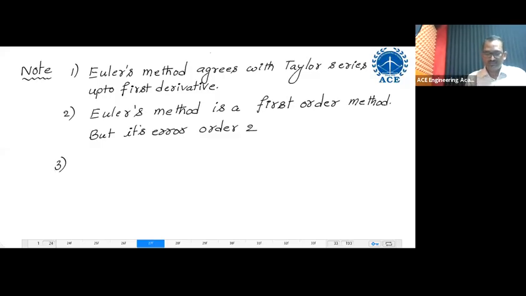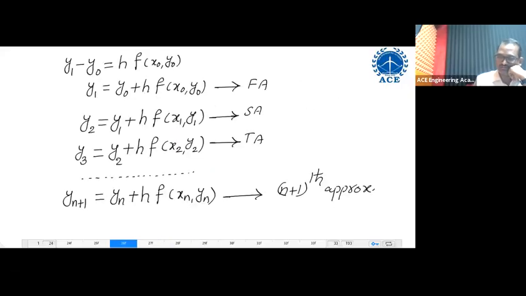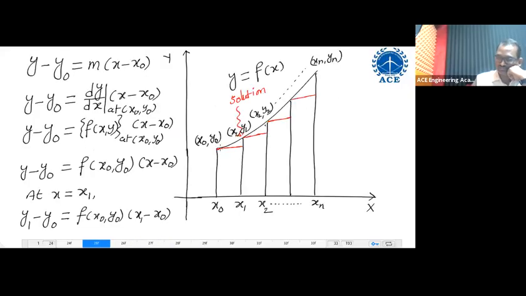Listen to me, everyone. I have drawn a tangent to the curve at this point. Similarly, you can draw the tangent to the curve at this point. Look here, everyone, in this interval, I have drawn a tangent. In this diagram, this is the curve and this is the tangent.